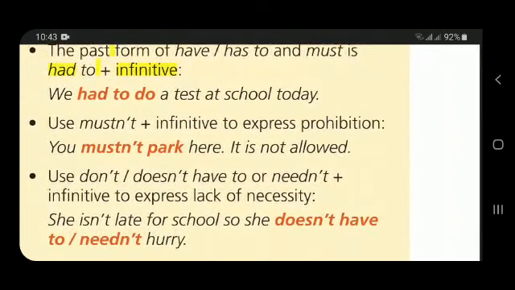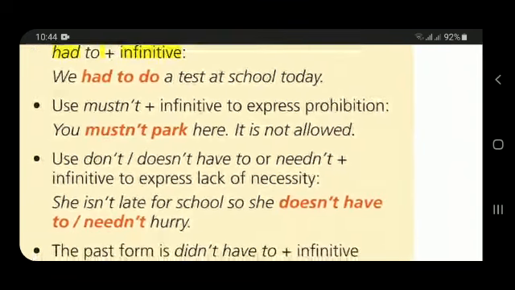We usually see must and mustn't on signs on streets. For example, you mustn't park here, you mustn't smoke in hospitals, you mustn't walk on the grass, etc. So it means that something is not allowed. It expresses prohibition.